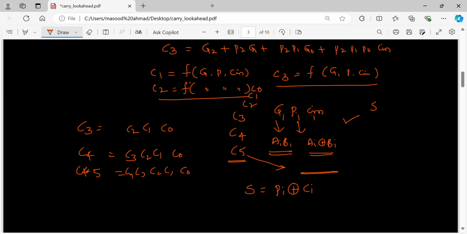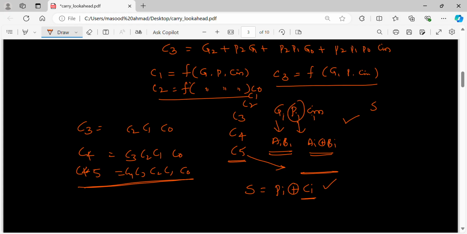So if you know C5 and P5, I can get the sum. This is how, without depending on the previous carries to be calculated, I can directly calculate the carry from the generate, propagate, and carry in data. I can get that particular carry.